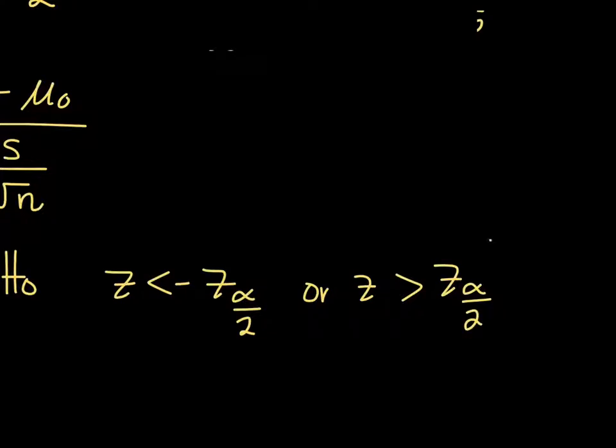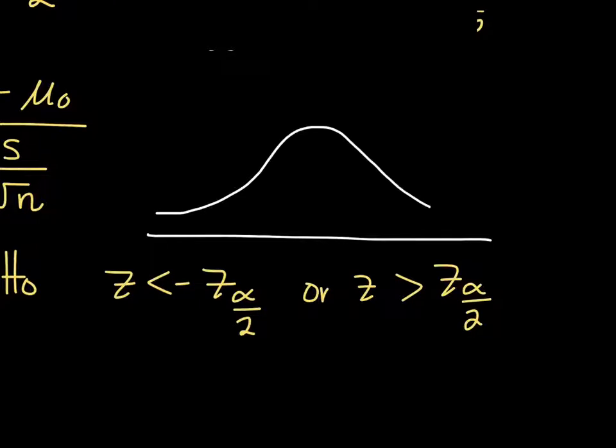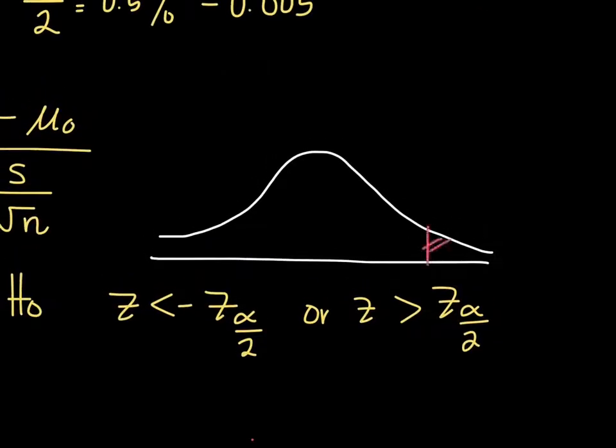In the diagram, if this is the normal distribution curve and these are the critical regions, when we say z is less than the negative z of alpha over 2, that means z is under the critical region.